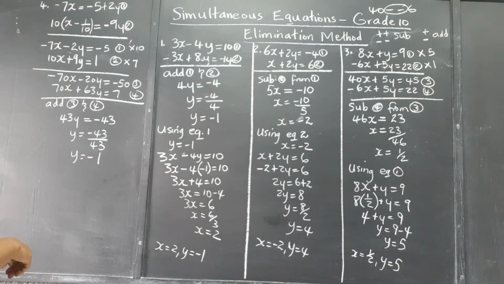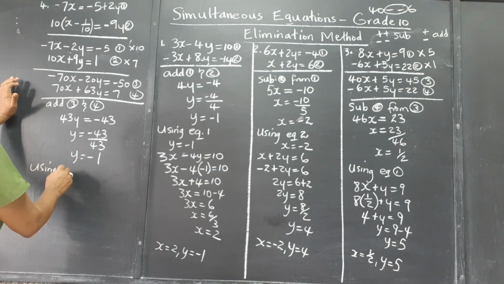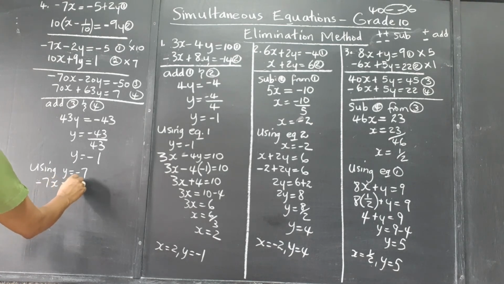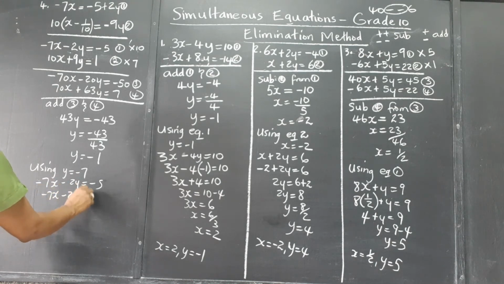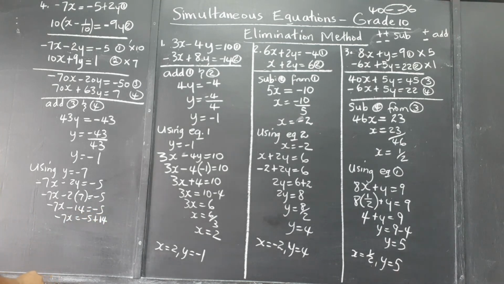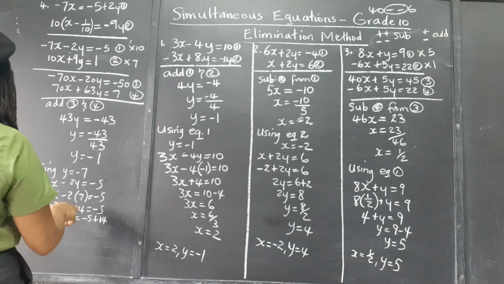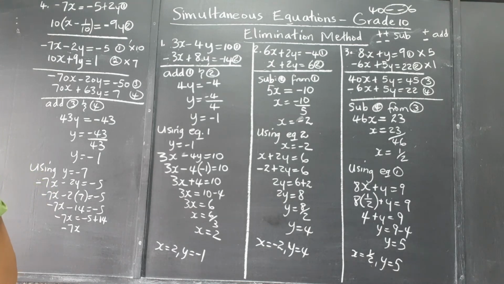Now plugging in negative 1 in the original equation, so using y equal negative 1 in equation 1, plugging in this value here, negative 7x minus 2 times negative 1.